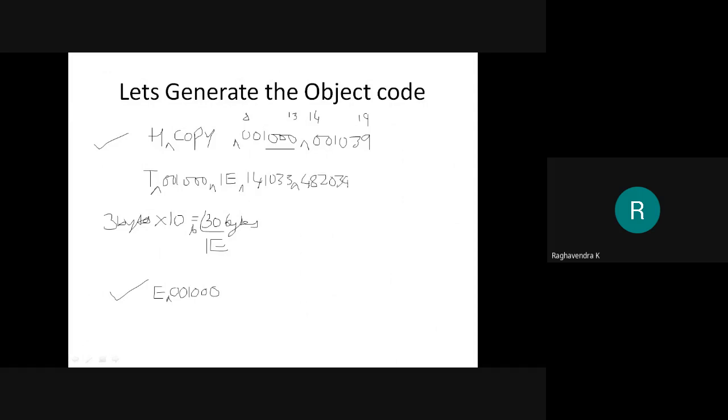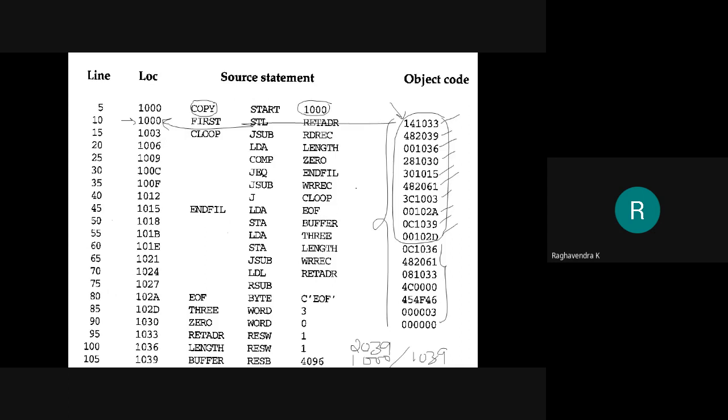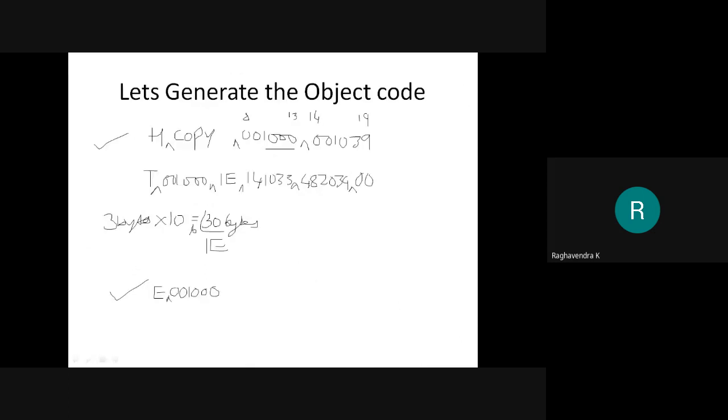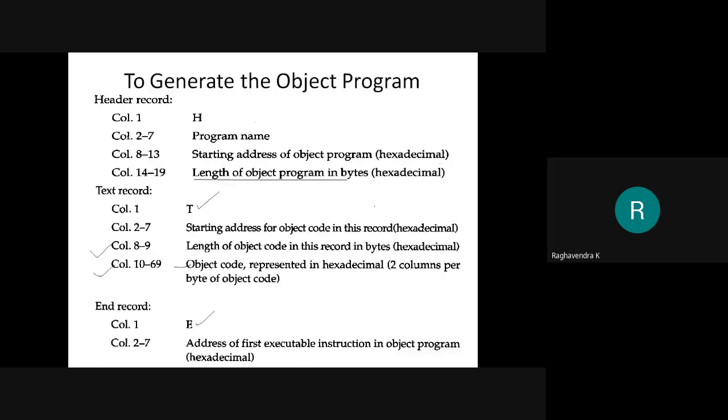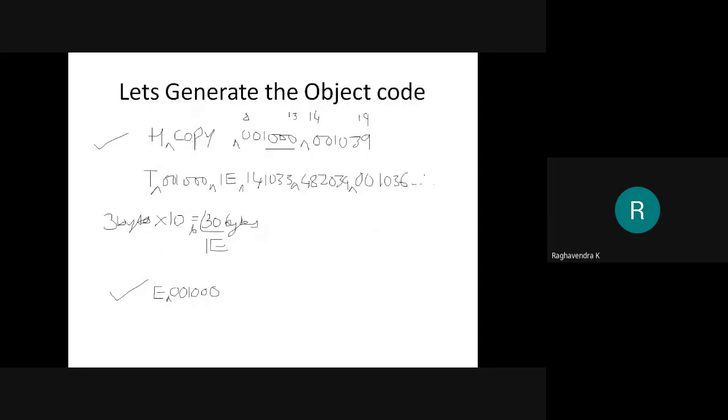What is the next instruction? 001036. Whatever we have generated there, you're supposed to write it down. Assume that I have written all the things, and the last one is 00102D. So my first text record is completed.